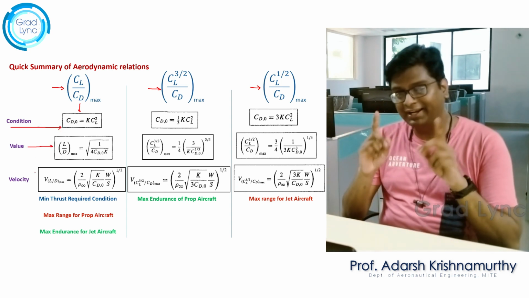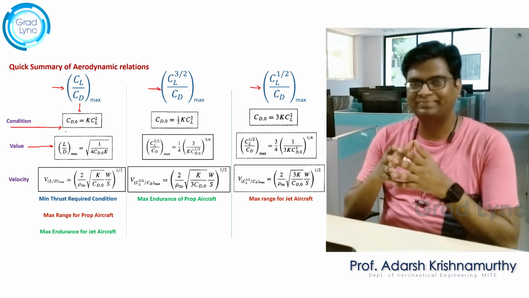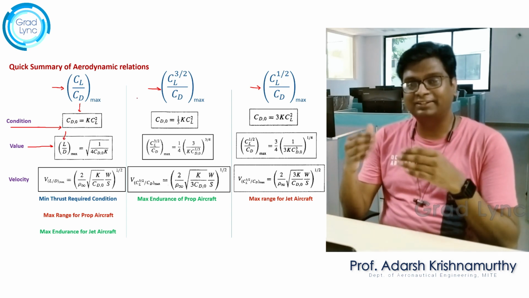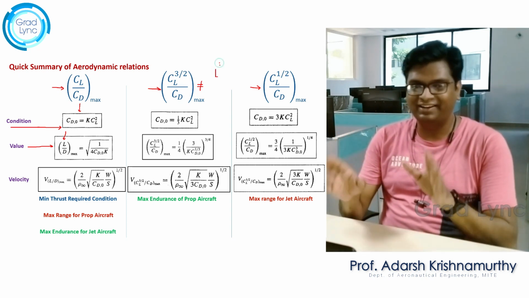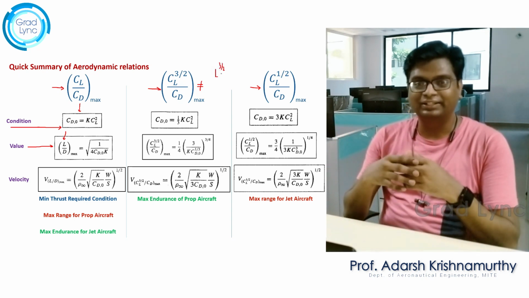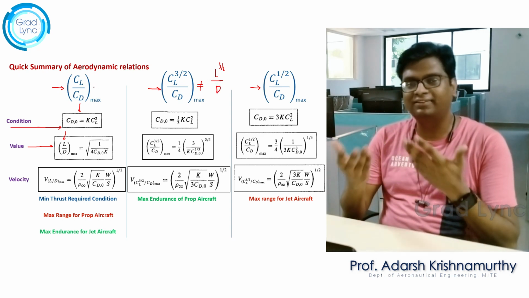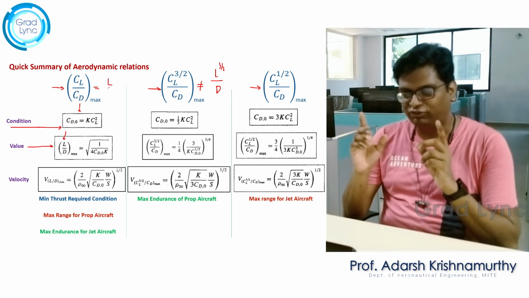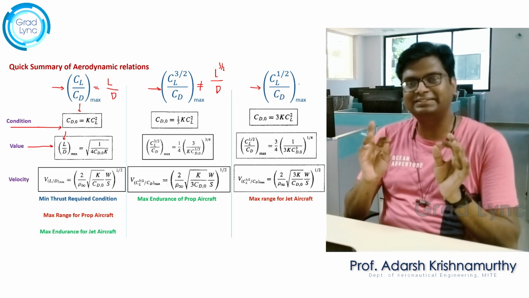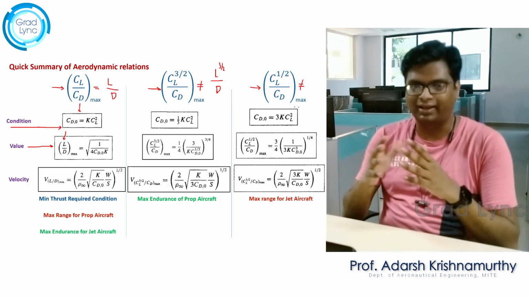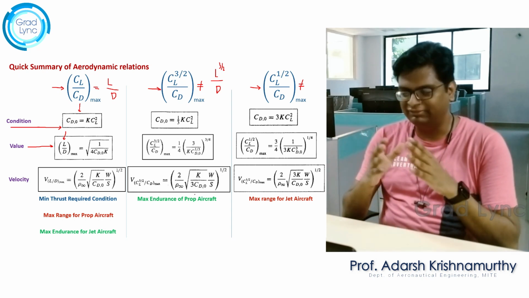Remember, only CL by CD I can write as L by D, whereas CL power 3 by 2 by CD I cannot write as L power 3 by 2 by D, because the dynamic pressure is not being divided in the numerator and denominator in the same quantity. So for the latter 2 cases, I cannot replace CL and CD with lift and drag. Please remember this.